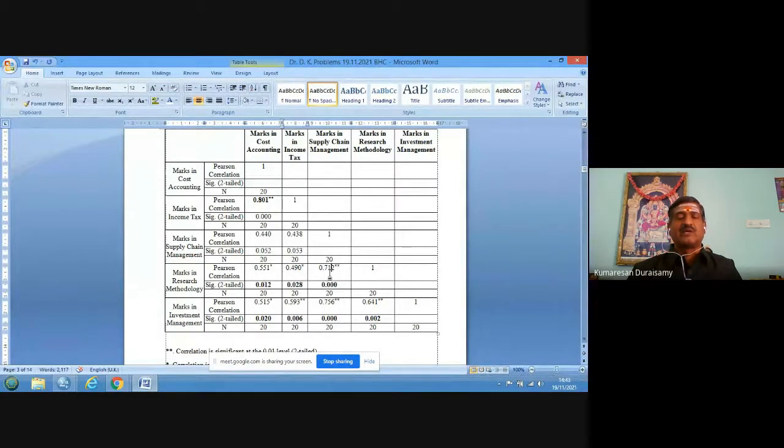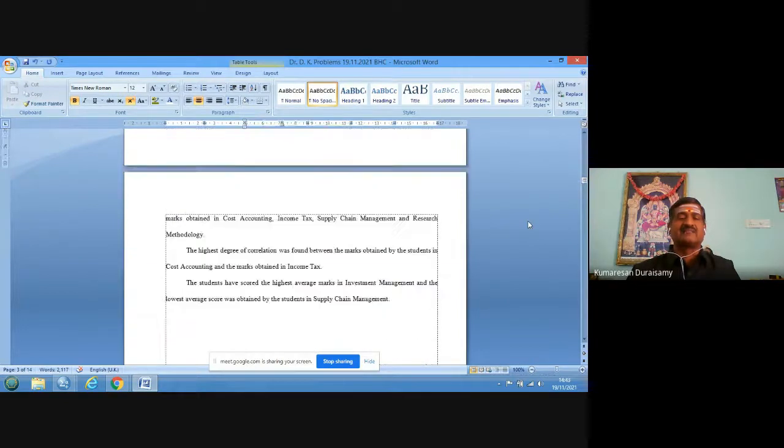Here it is 0.712, 0.756, again 0.801 is the highest. Here it is 0.641. Now also 0.801 is the highest. That means the most correlated subjects are cost accounting and income tax.